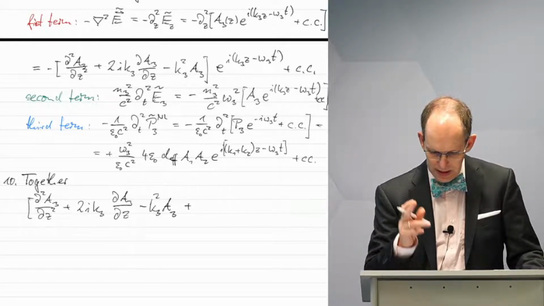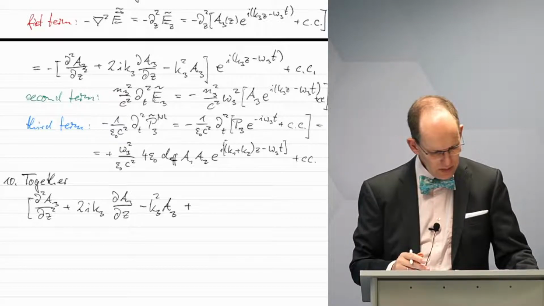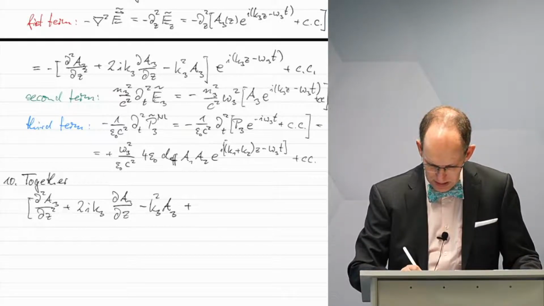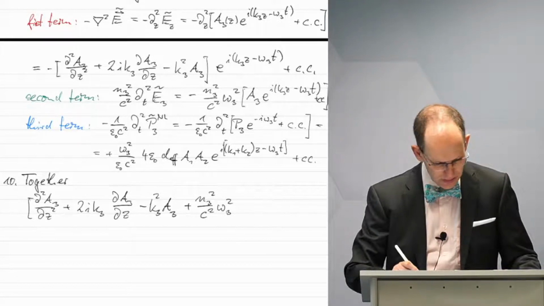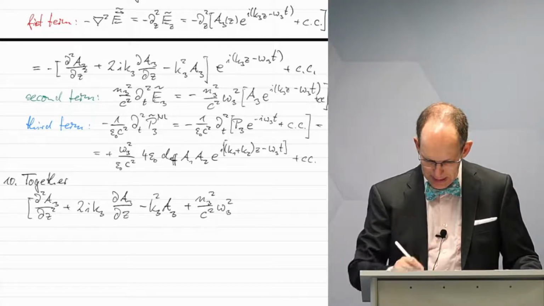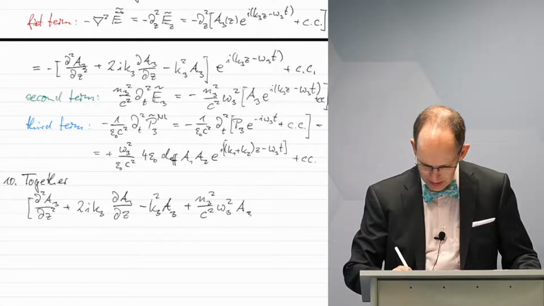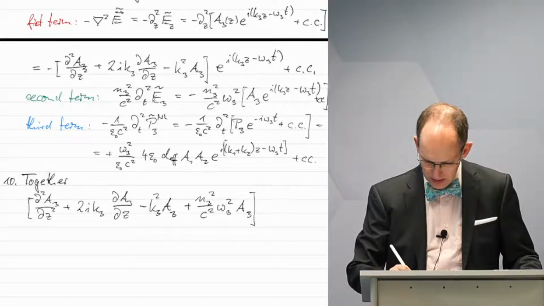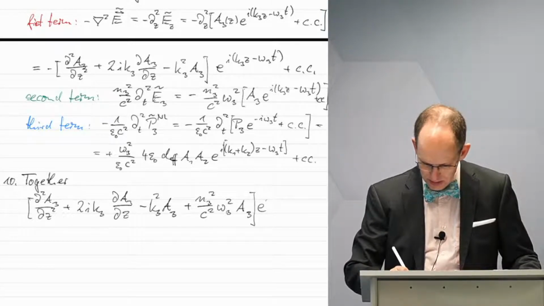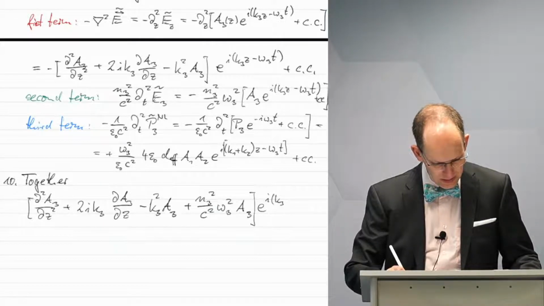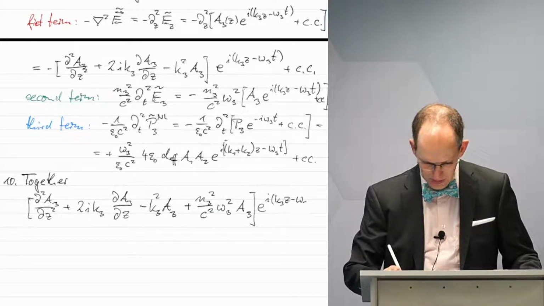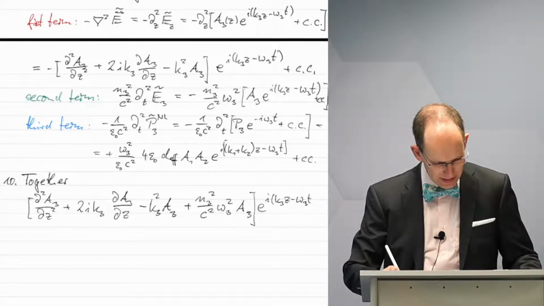Then the second term: there we have n3 squared divided by c squared times omega 3 squared, and then a3. And now the exponential. Then we would continue with the right-hand side.